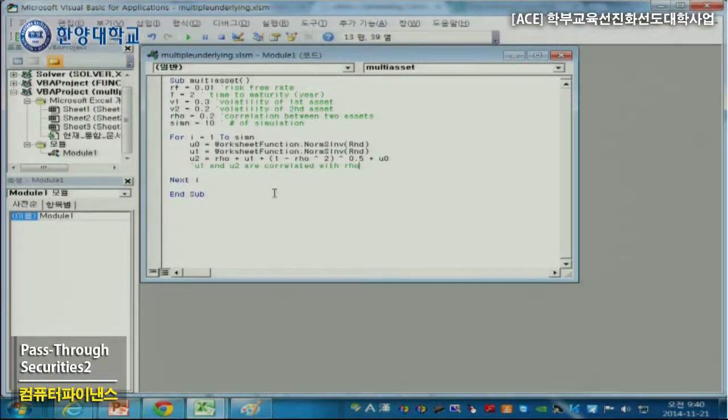And then at time t, return 1 becomes what? Because we are holding it up to time t, and because we also have to adjust the convexity, return 1 is basically RF minus V1 squared divided by 2, multiplied by t.